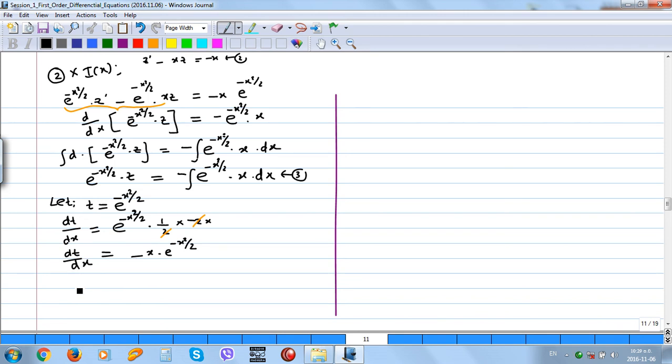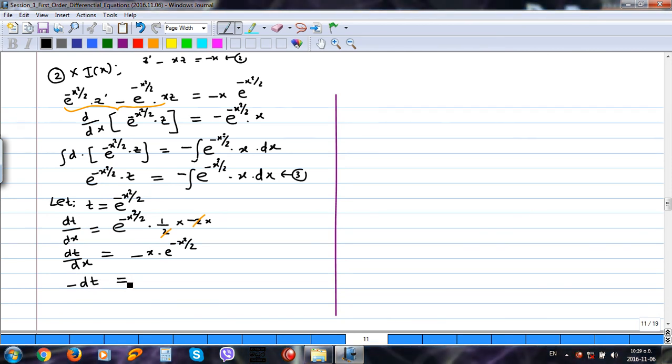Then I am sending the minus sign over: minus dt equals x times e to the power minus x squared over 2 times dx.